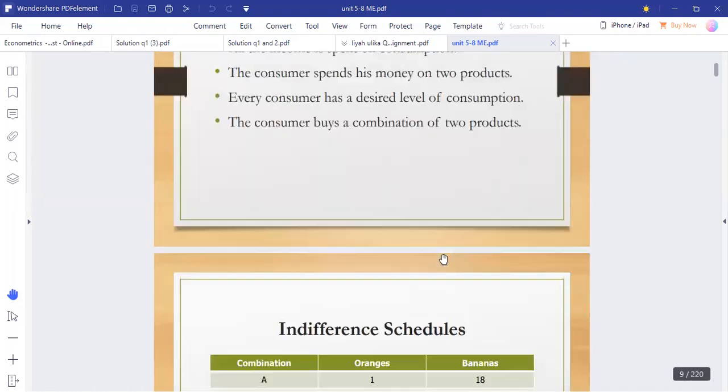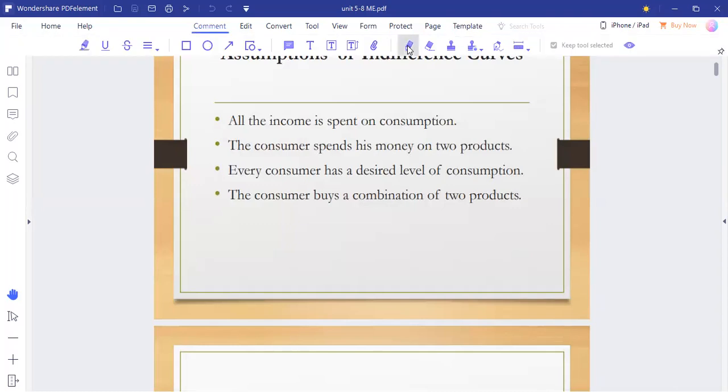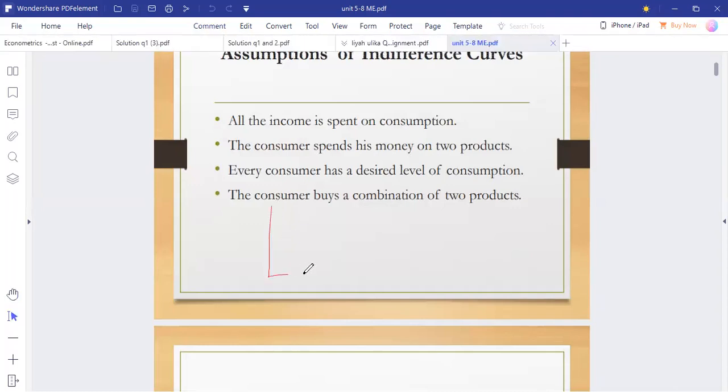Remember what I said about indifference curves? Indifference curves show points that join with the same satisfaction. So for instance, the satisfaction here is what? 7, here it is 8, here it is 9. So regardless of where it is, whether it is here, here, or here, the satisfaction will be 7.